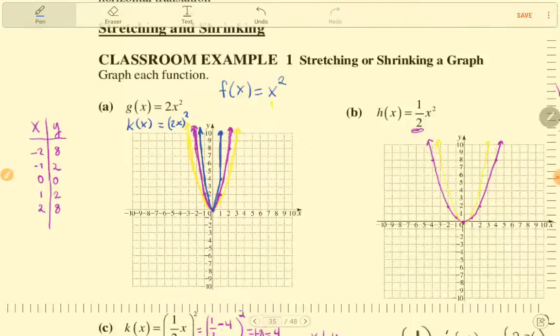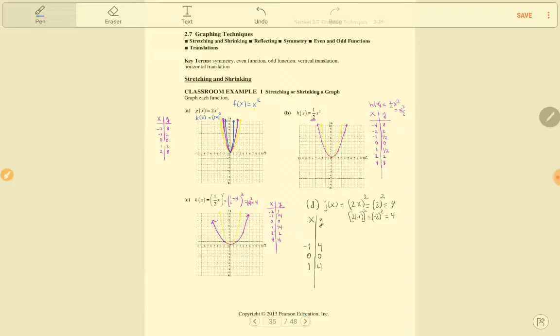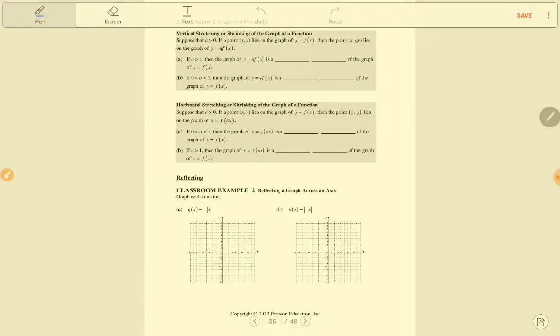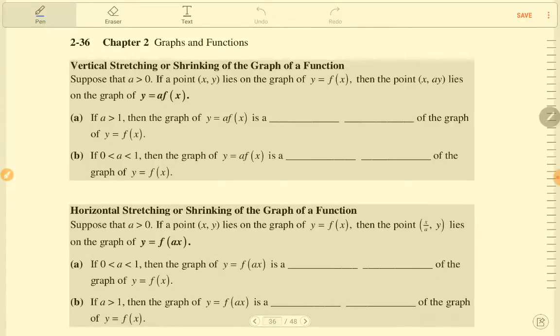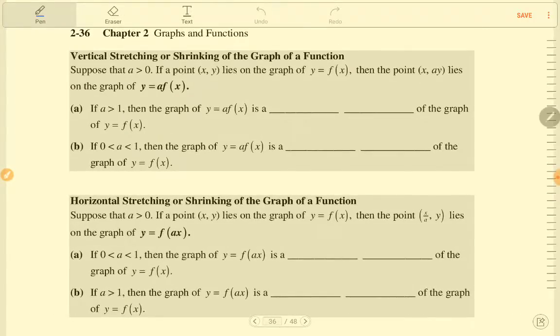Okay, fun stuff, right? So that's vertical stretching and shrinking. Okay, so look at these two gray boxes. The top box says vertical stretching or shrinking. The second box says horizontal stretching or shrinking.